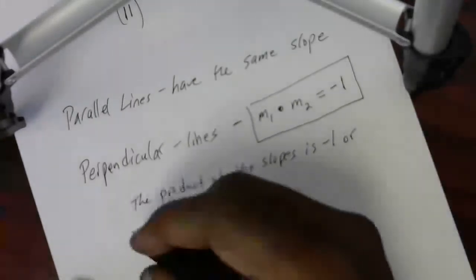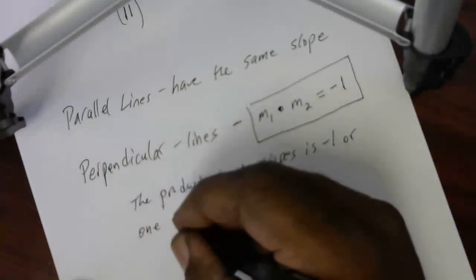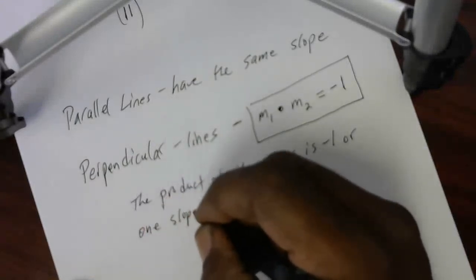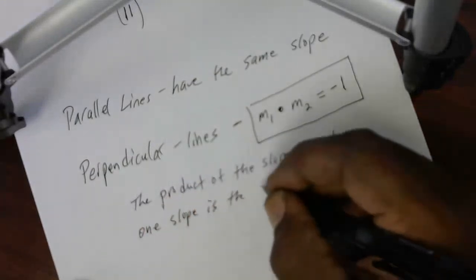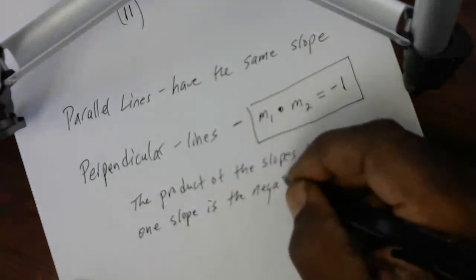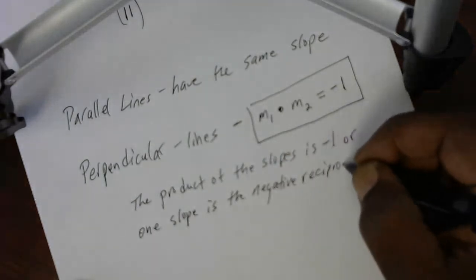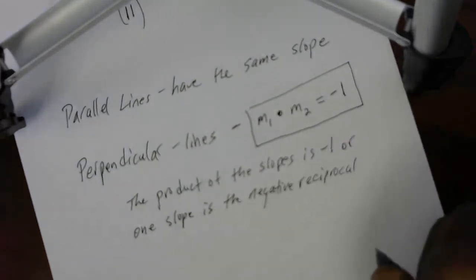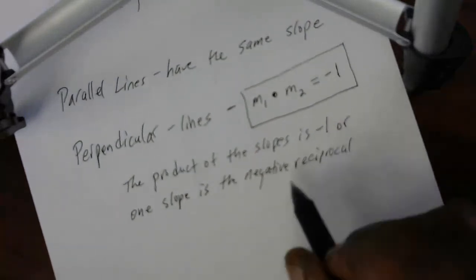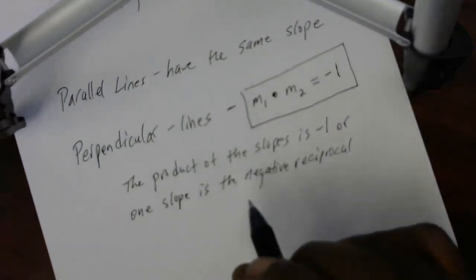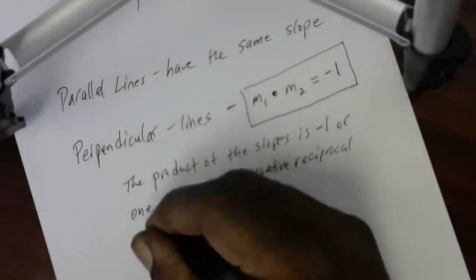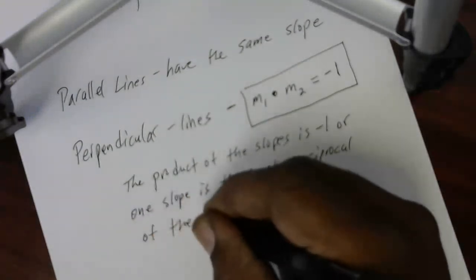Or one slope is the negative reciprocal, and we're going to talk about what this is. Or if one slope is the negative reciprocal of the other.